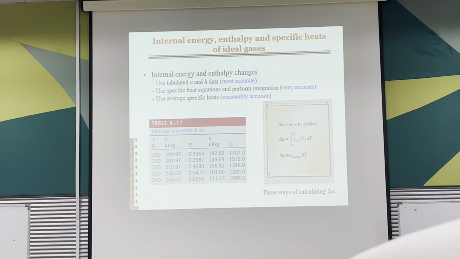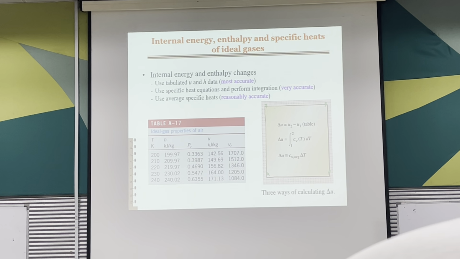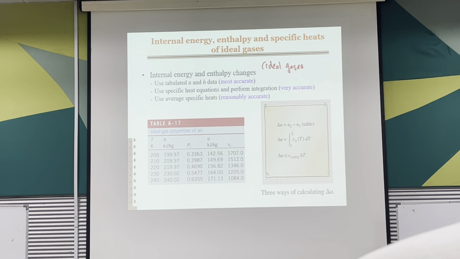Okay, so here basically we look at different methods of finding internal energy and enthalpy for ideal gases. Just now we learned that we can use Cp delta T for enthalpy change and Cv delta T for internal energy.